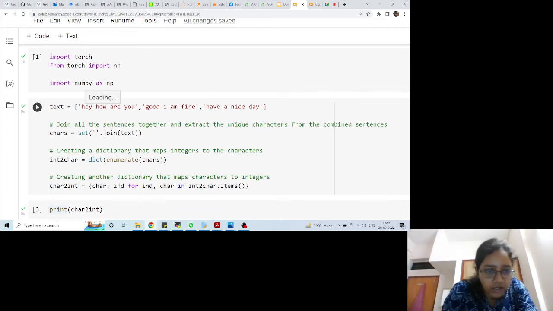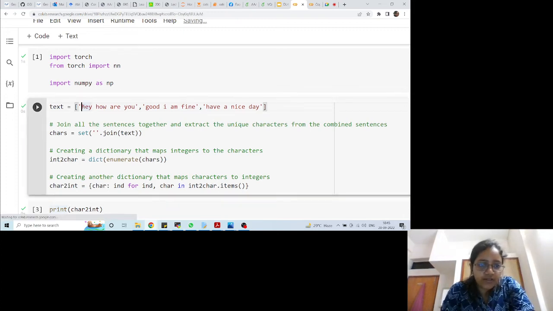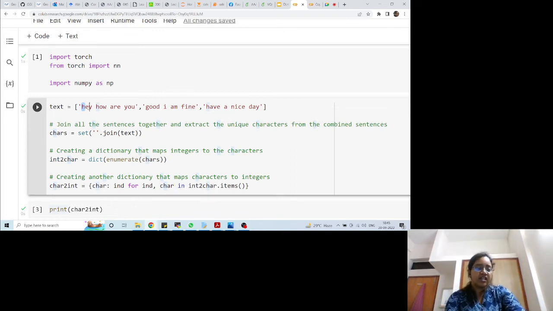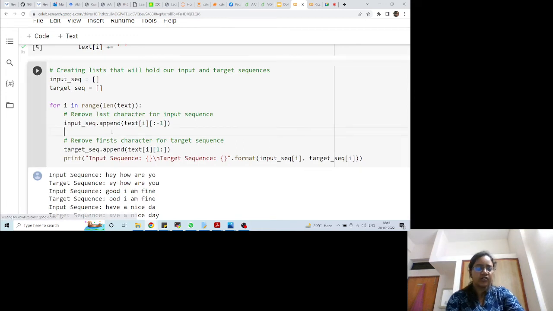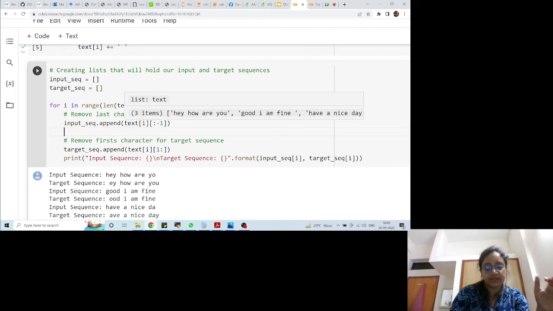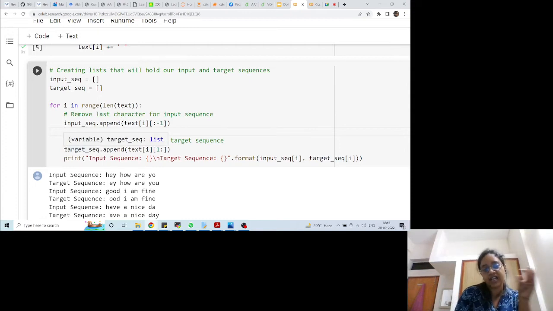Suppose you gave the character H, then the model should predict E. Then you gave the character E, the model should predict Y, and that is how it goes on. So in order to create the training data, each of the letters should be given in the training sequence, and in the target sequence you should give the next letter.